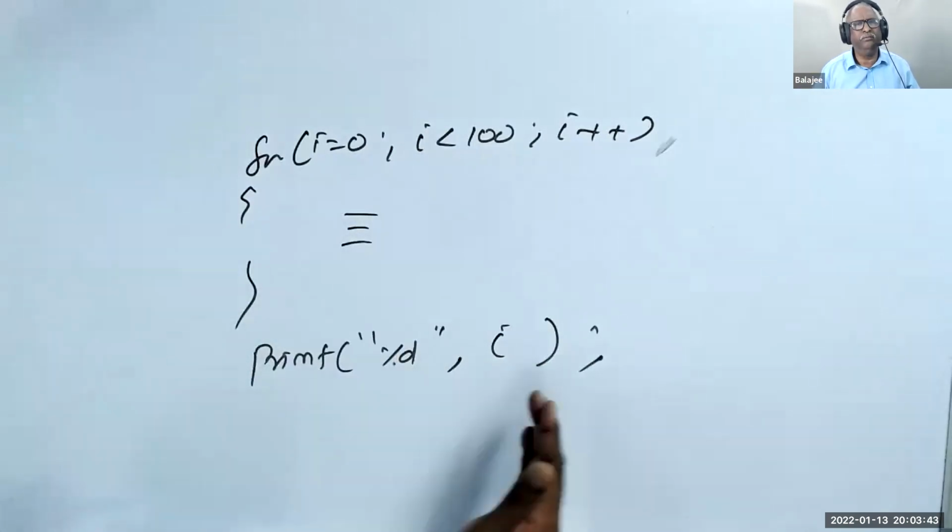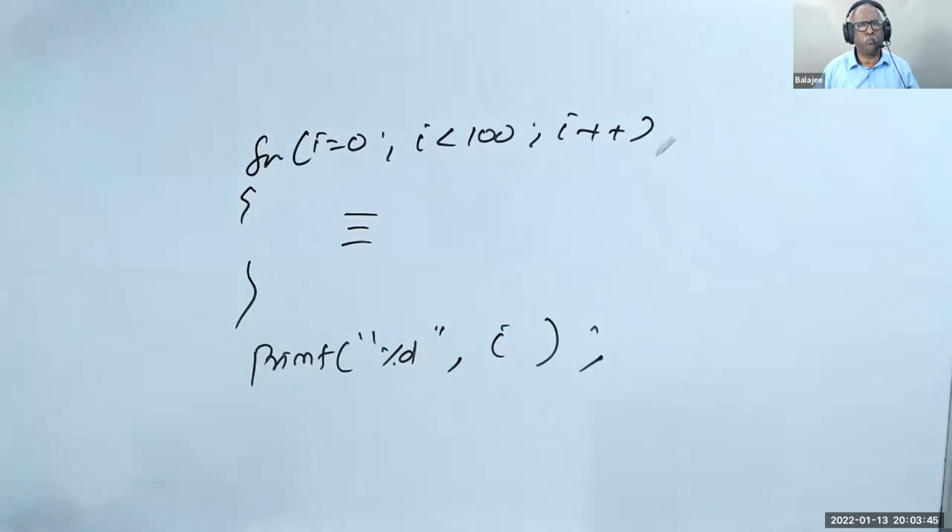What is the value of I? What's the value of I? Normally we get a confusion. Yeah, correct, somebody has given the right answer. So we have a lot of issues here.